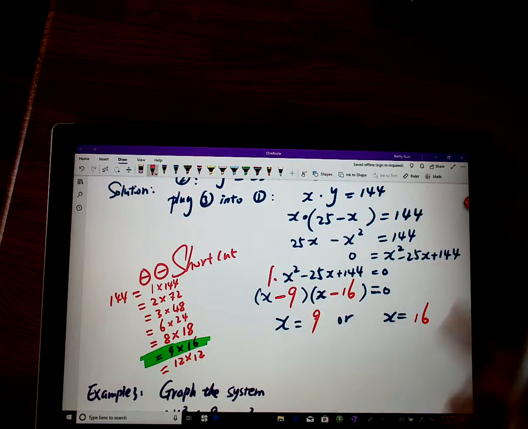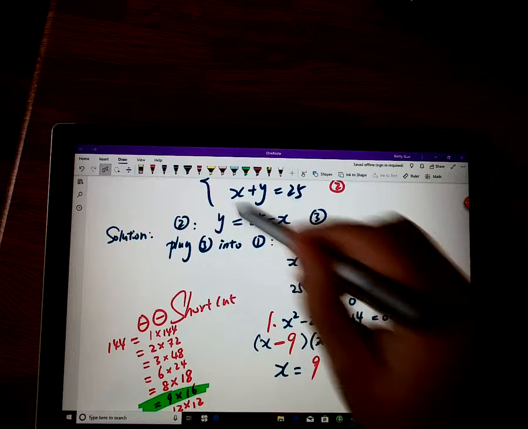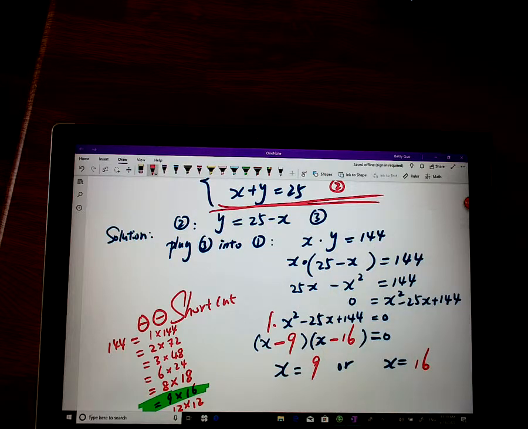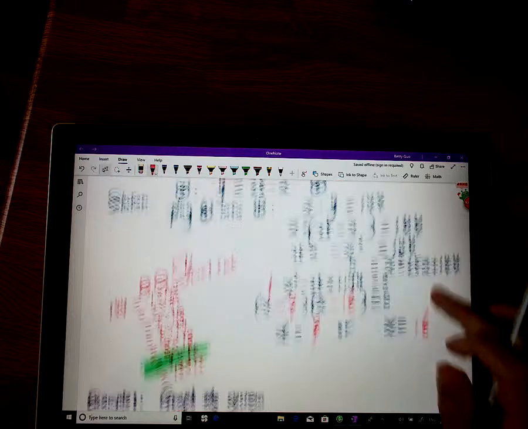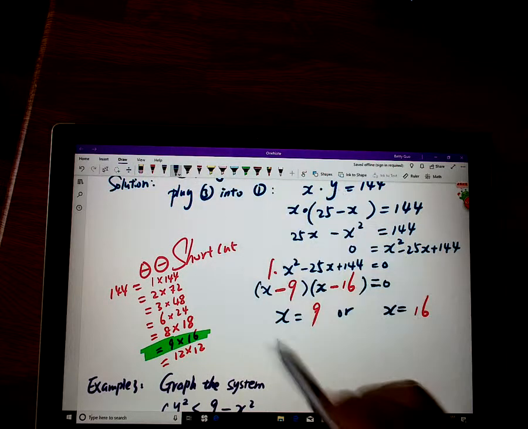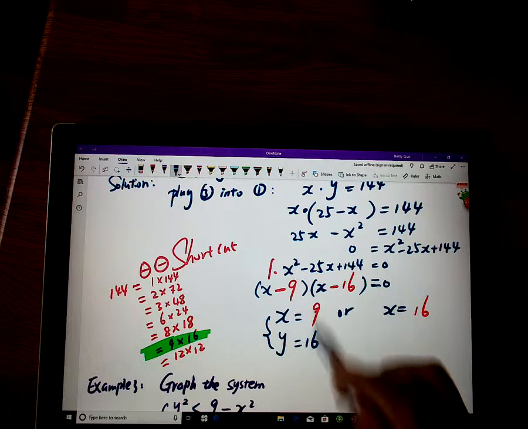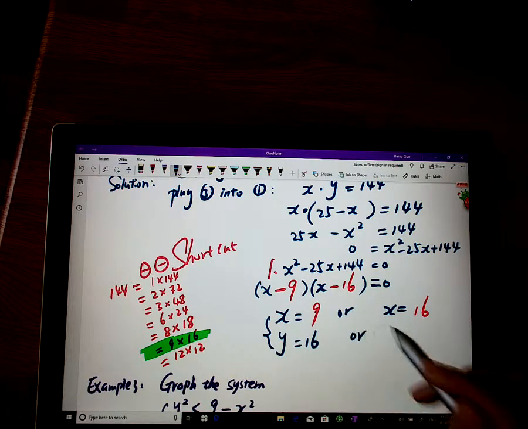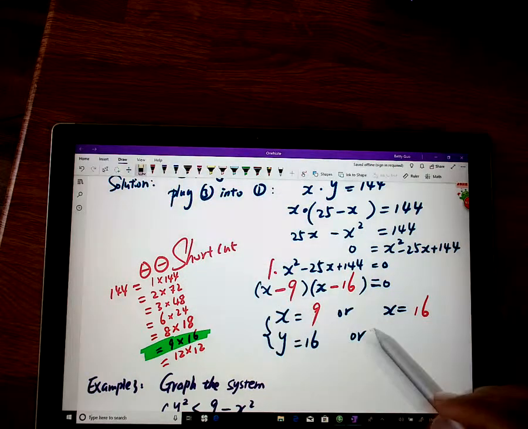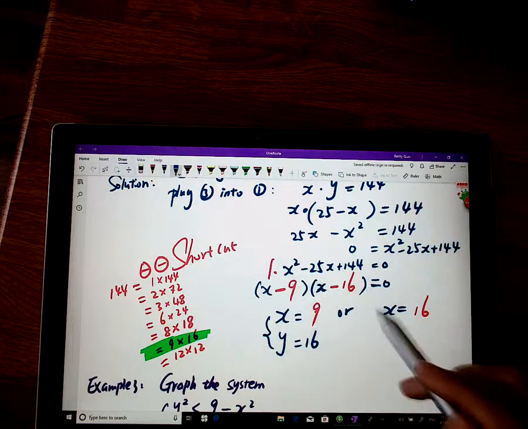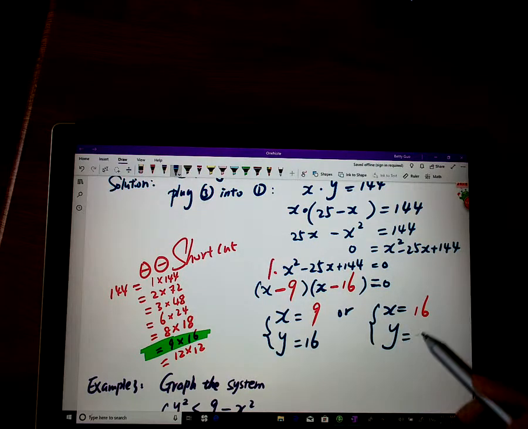Because x and y add up to 25, that is given, if x equals 9, y would be 16. If x equals 16, y would have to be 9.